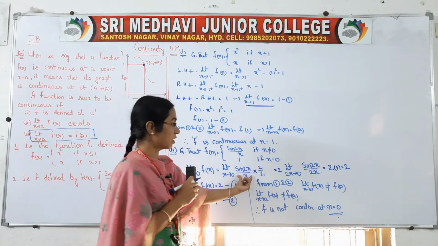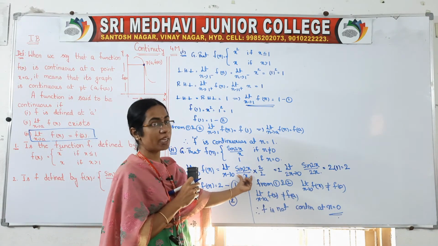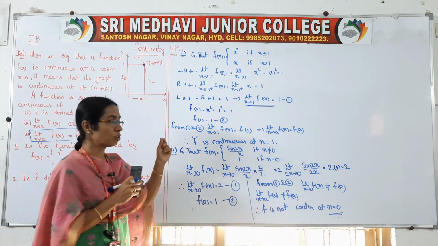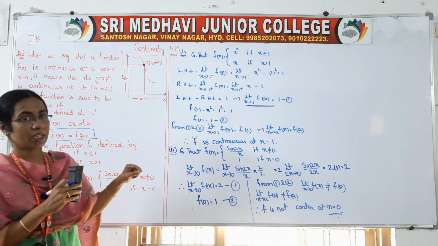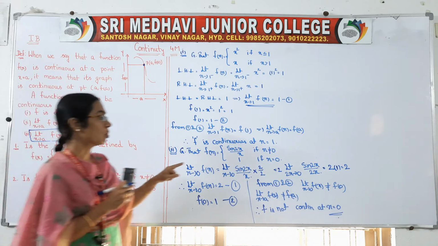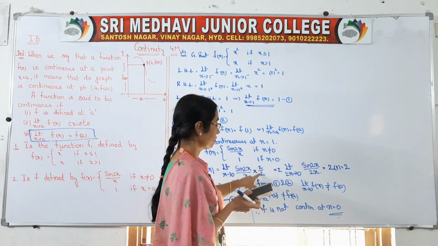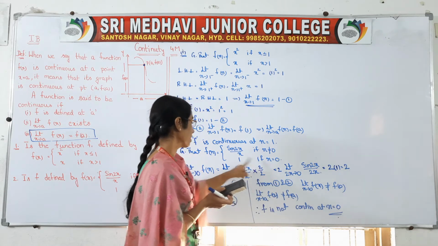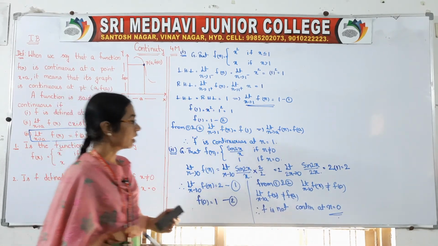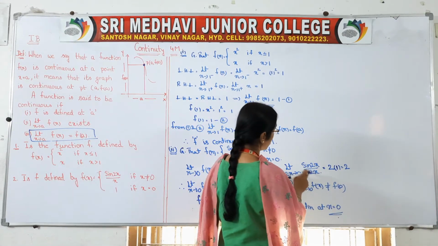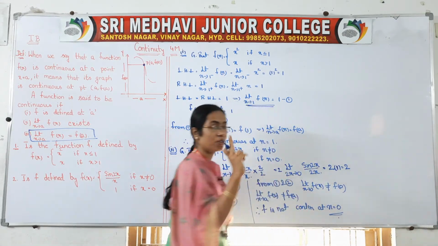That function value is sin 2x by x. So it should be in the limit theta tends to 0, sin theta by theta form, isn't it? So we need a 2, that's why we multiply and divide with 2. You take this 2 outside and that will be 2x. So limit 2x tends to 0, sin 2x by 2x value is equal to 1.